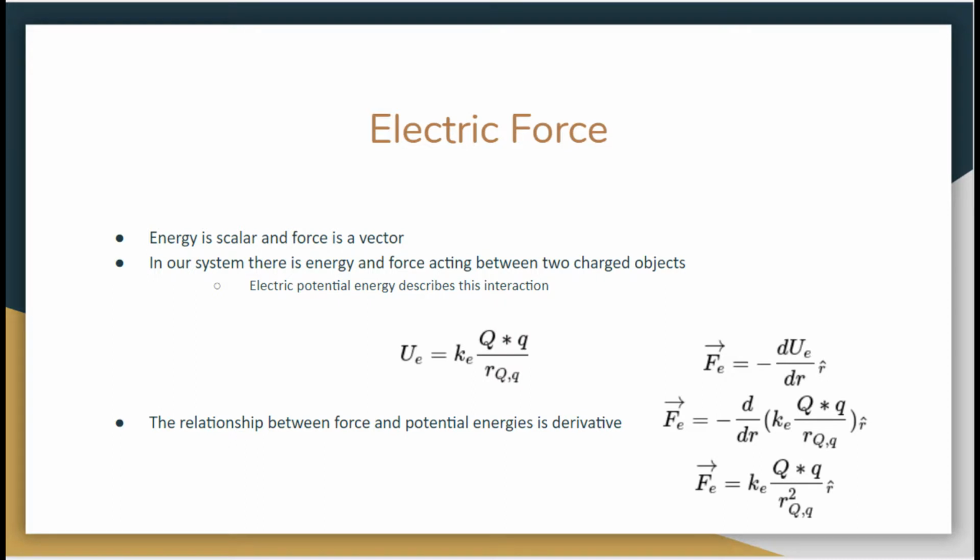Electric potential energy describes this interaction with U_E equals Ke times Q times q over r. The relationship between force and potential energy is derivative. Assuming that our big Q and little q are equal, we will be able to treat this as a Kc times 2q equation.